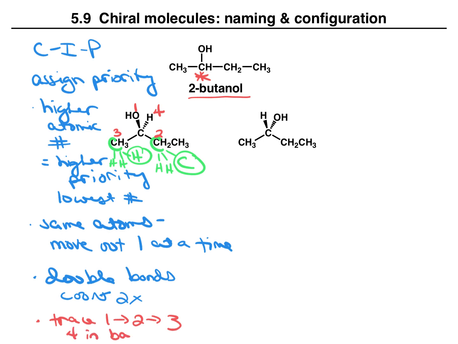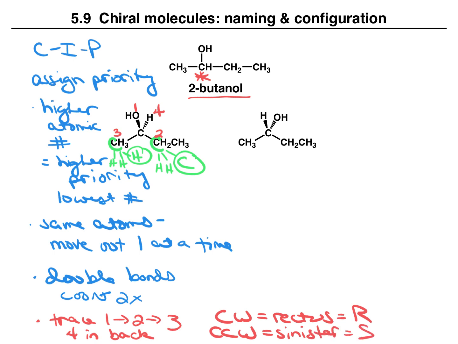If we trace clockwise, that goes with the Latin rectus, R, and if we trace 1 to 2 to 3 counterclockwise, that is sinister, which is S. Okay, what the heck does this mean? So we have assigned priorities, and we have 1, 2, 3, and our lowest priority 4 is going back. Once we've confirmed that our lowest priority is going back, now we can ignore priority 4.